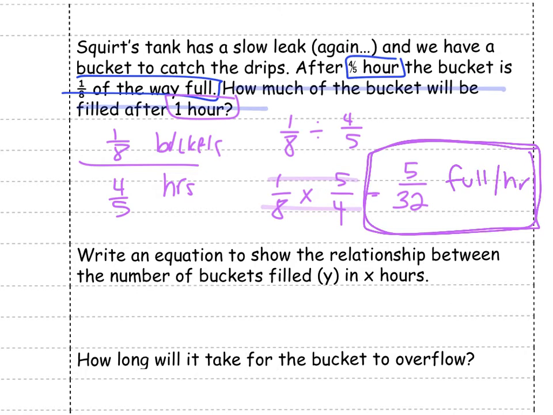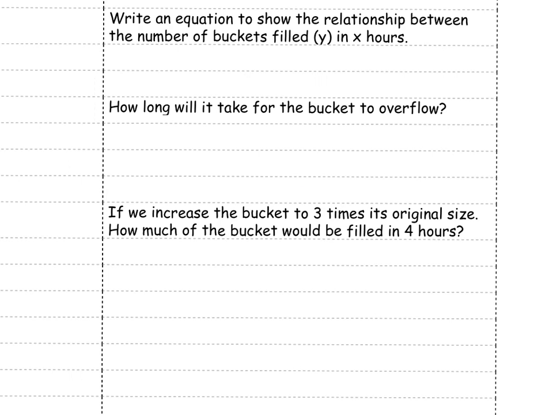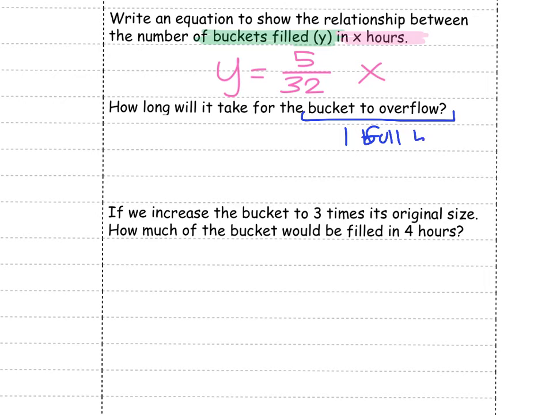We then use that number to write our equation. So we have y equals, my number is 5/32x. Remember, buckets is my y, x is my hours. That's going to help us in the next two questions. So now that we have our equation, we can answer the question, how long will it take the bucket to overflow? For the bucket to overflow, it means we have one full bucket. Now, 1 is a bucket. That's a y value.